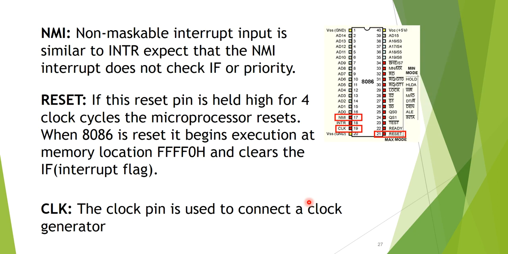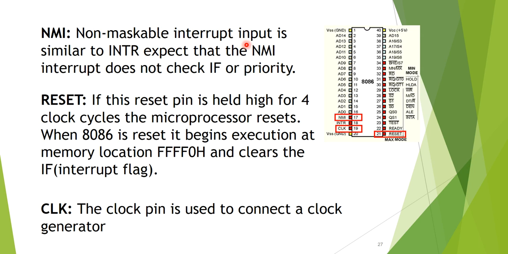Then we have the NMI, that is the non-maskable interrupt signal. This is similar to the INTR, except that the NMI interrupt does not check the interrupt flip-flop or the priority. Because it is the non-maskable interrupt, it cannot be ignored or delayed.